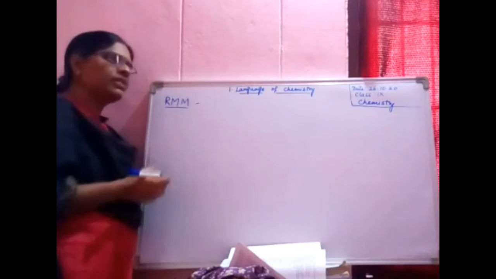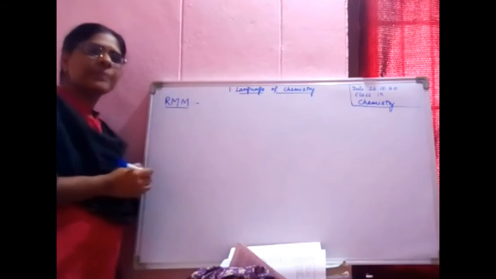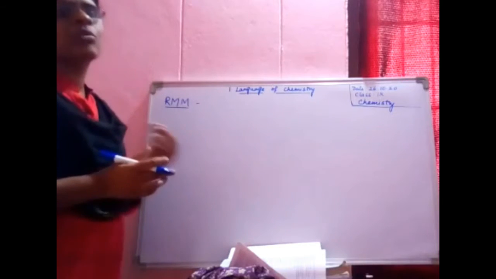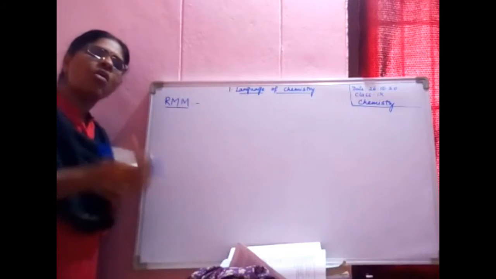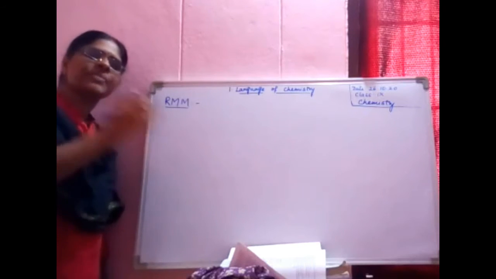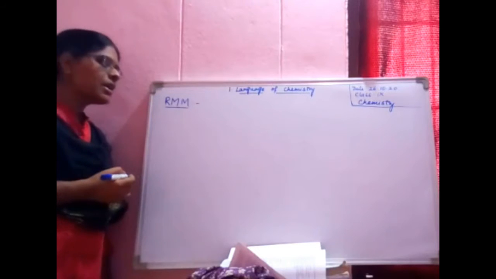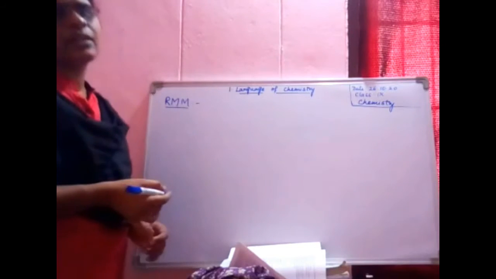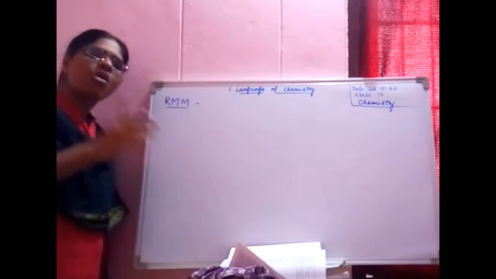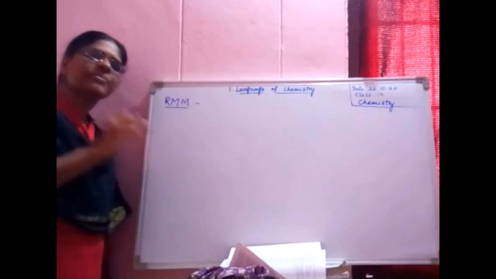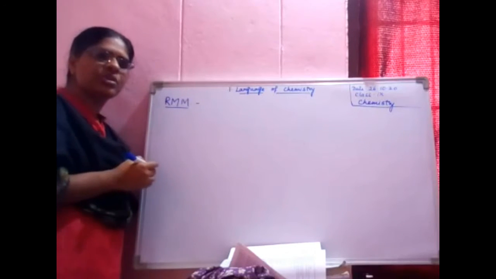Now here, relative molecular mass means in a molecule we need to add all the masses present in it. Hence we define RMM as the sum of all the masses present in a molecule.